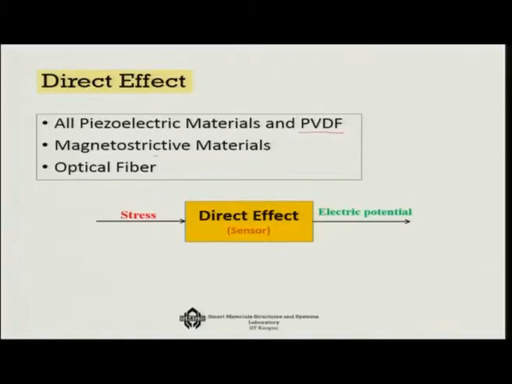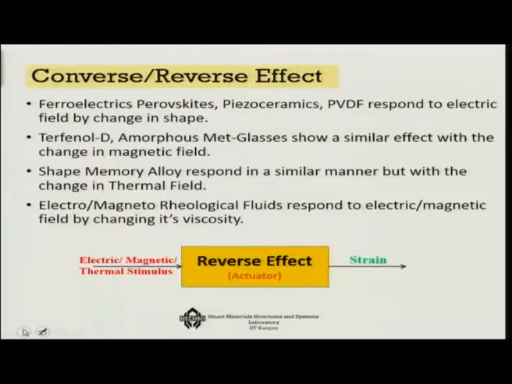It is also available in magnetostrictive materials and in optical fibers. Remember that the direct effect means you are applying stress and finding a change in electric potential or in magnetization. Now the converse effect, on the other hand, is found in ferroelectric perovskites, piezoceramics, PVDF.